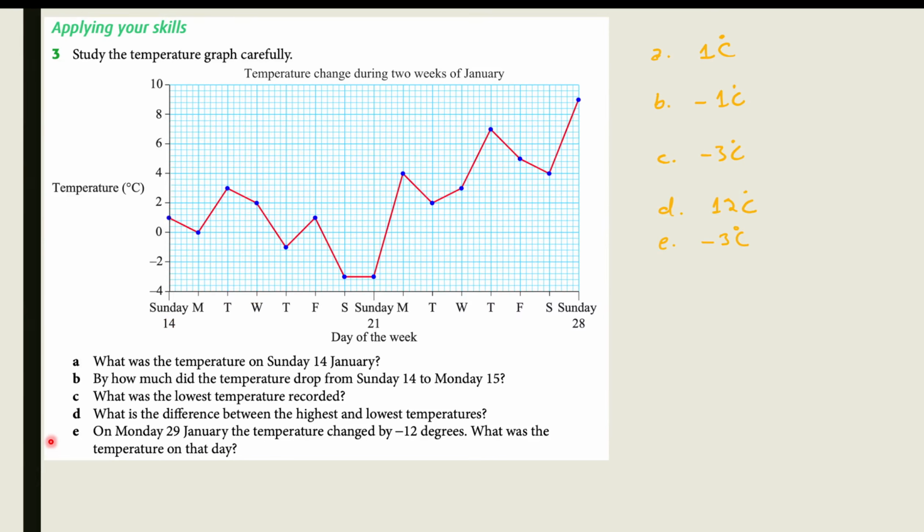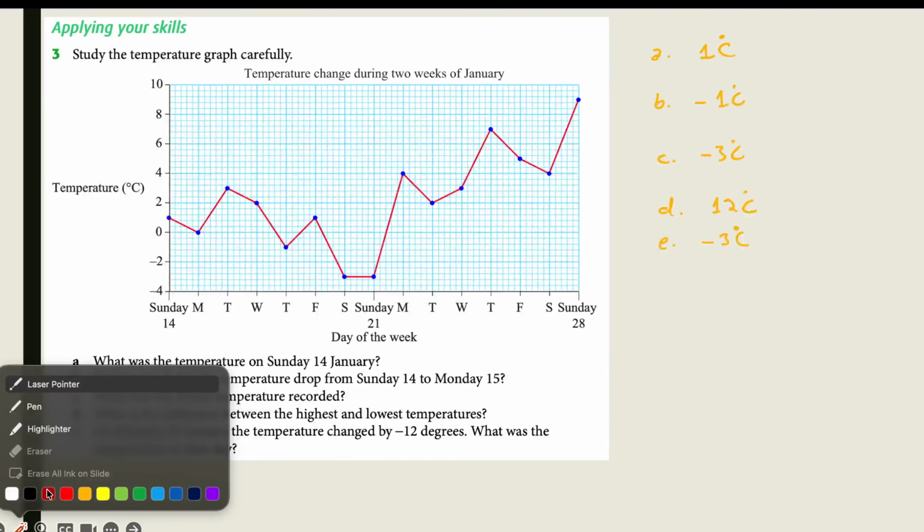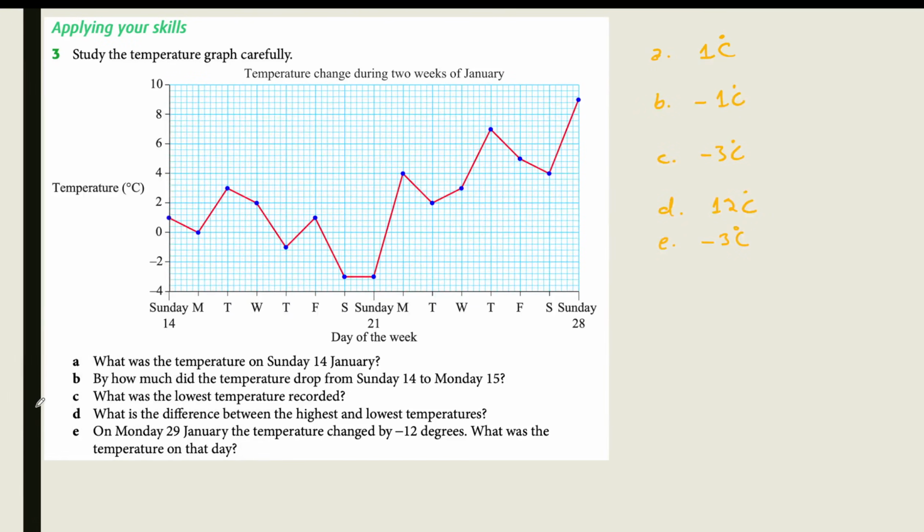Let me write it down for you. It will be 9 minus -3. Minus into minus becomes plus, so it will be 12 degrees. So the difference between the highest and the lowest temperature is 12 degrees.